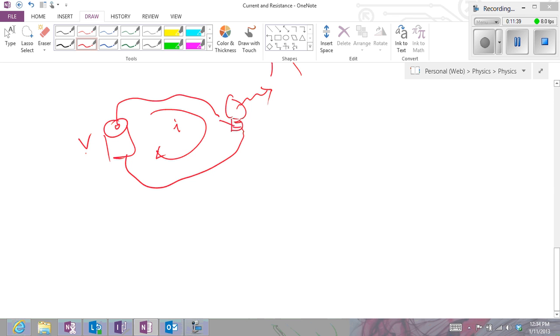So the voltage of the battery is driving the current. We call this the electromotive force. The potential difference here establishes an electric field in that conductor. The electric field then will cause charges to move, because we know that a charge placed in an electric field will experience a force. And when the charges move, we call that moving charge current.